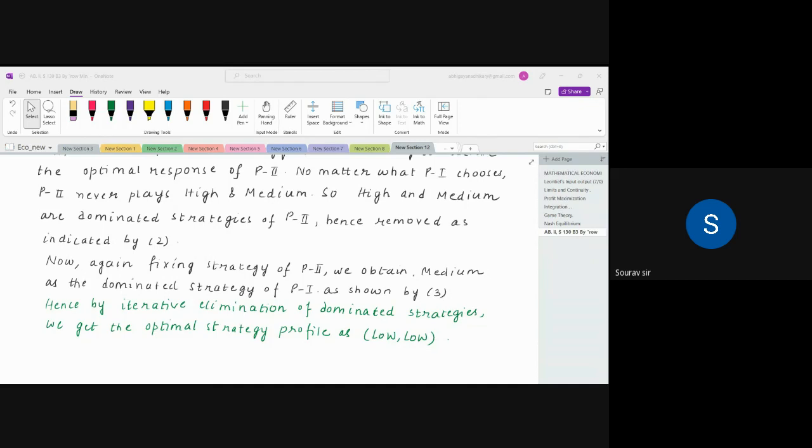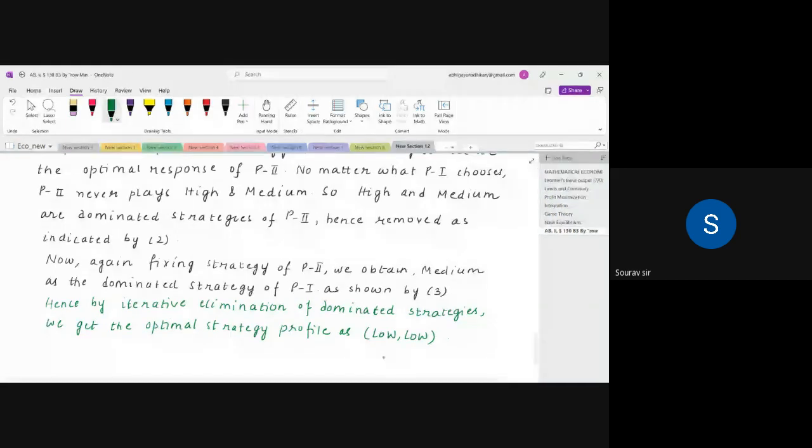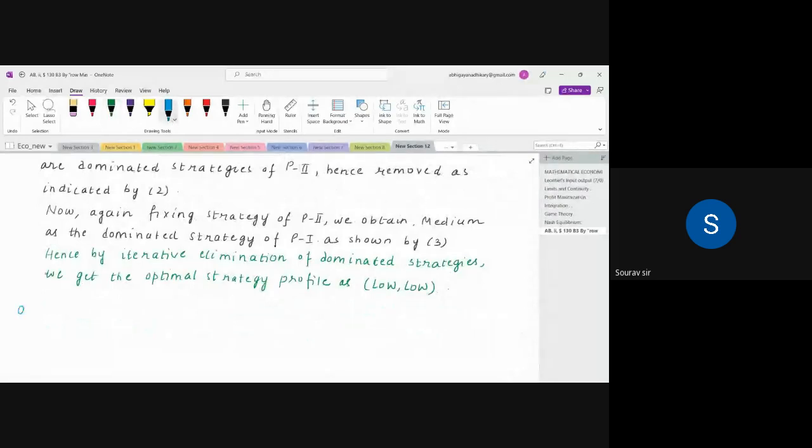So let us solve one more question. Maybe this time you all can tell me how to proceed. So the question is, solve the game by principle of dominance.